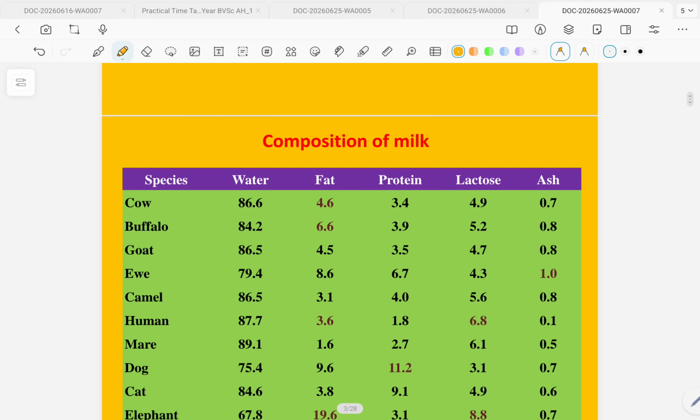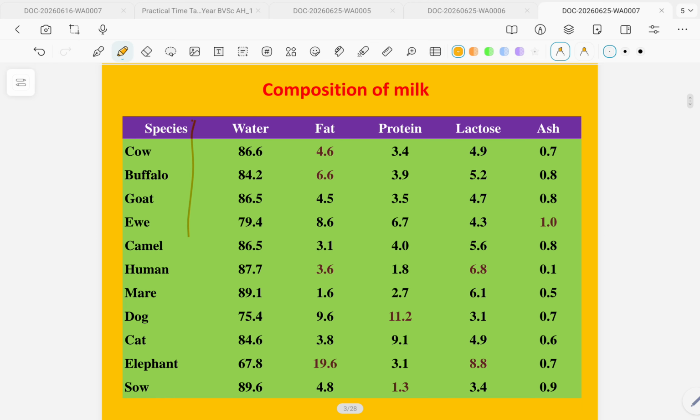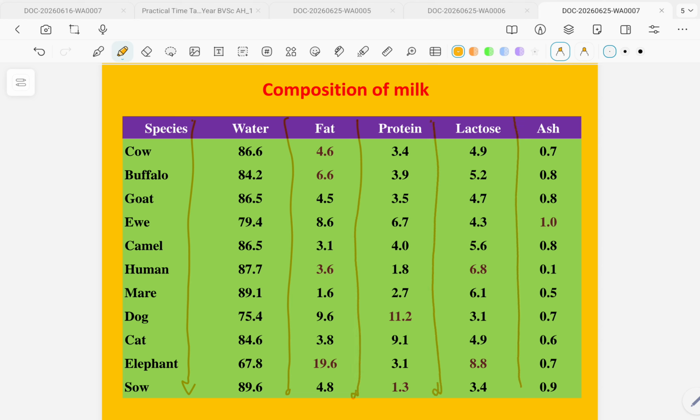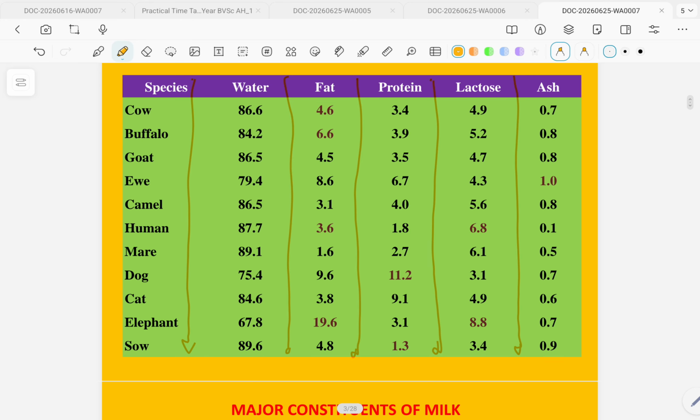Composition of milk: species, water, fat, protein, lactose. Water: highest in the species with the highest measure.